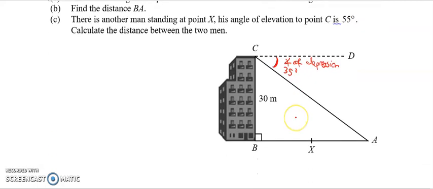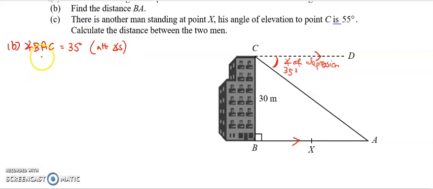If you refer to the diagram, there's a right angle triangle here. The ground BA will be parallel to the horizontal CD, so angle BAC will be equal to 35 degrees because of alternate angles.